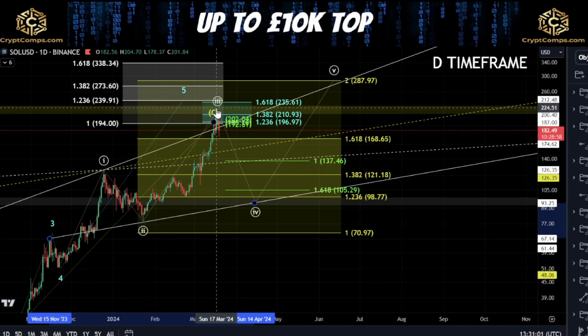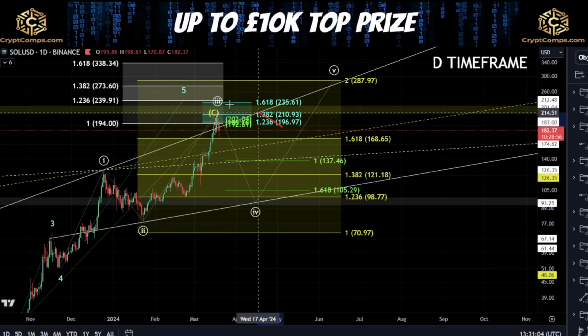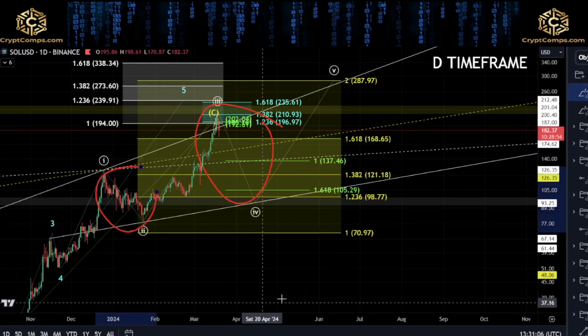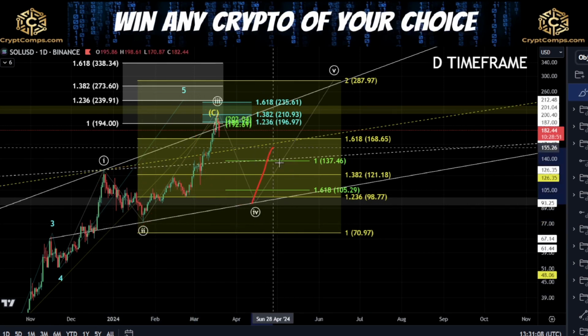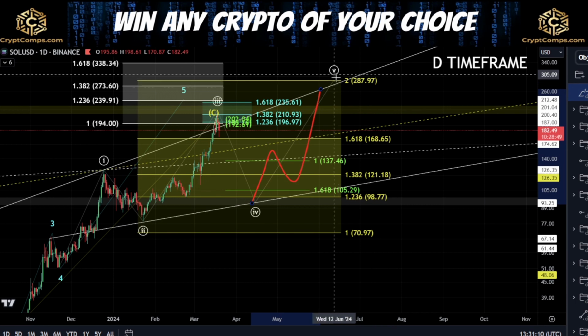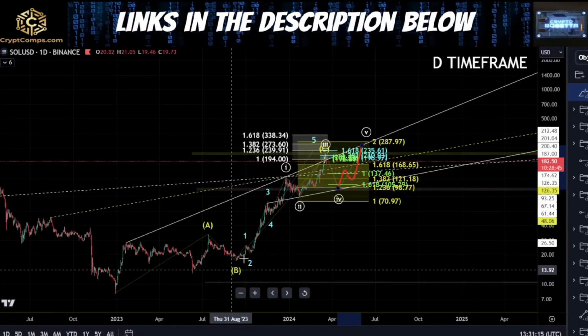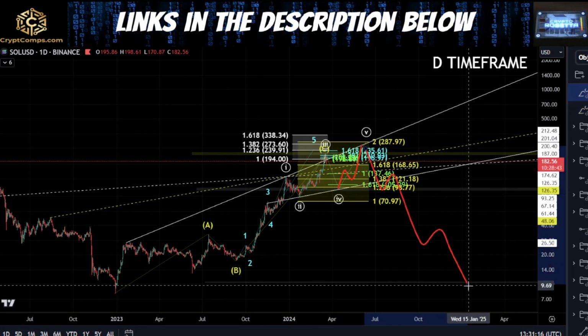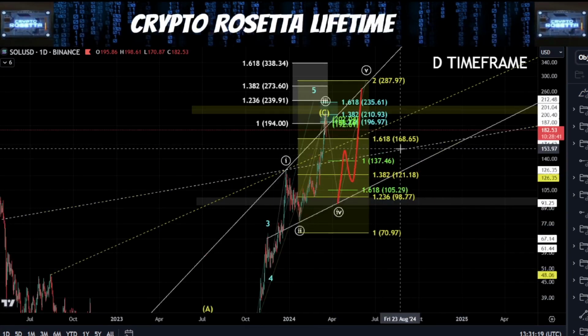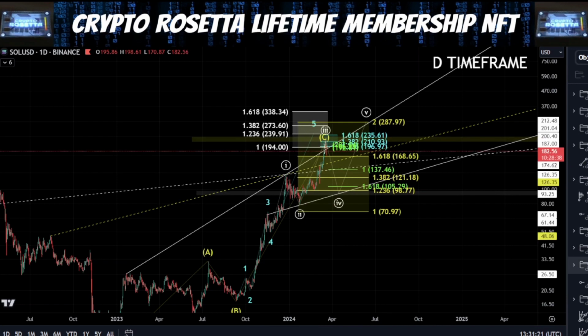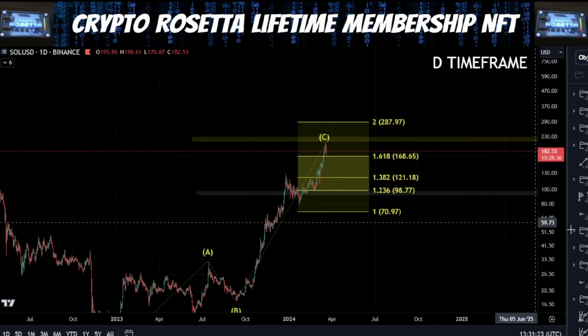That would be the key thing here, is that this 4th wave would need to be bigger than this wave 2 over here, and then we'd be looking for that additional 5th wave to the upside in 3 waves. The idea then would be that once this completes, we get a bigger 5-wave move to the downside. Like I said, least likely scenario, but something that is still worth keeping an eye on over here.